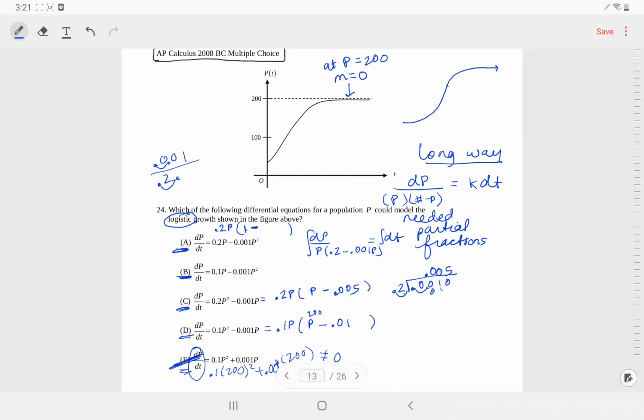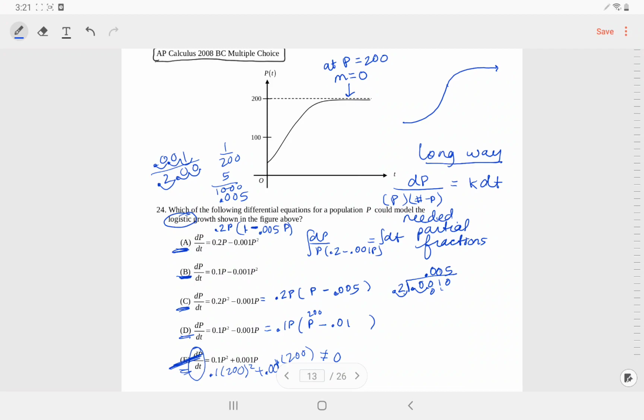Move over 1 place, move over 1 place, then 2 more places. 1 over 2,000, 200 would be 5 over 1,000, 0.005. So I guess my division was right. Okay, 0.005 P.